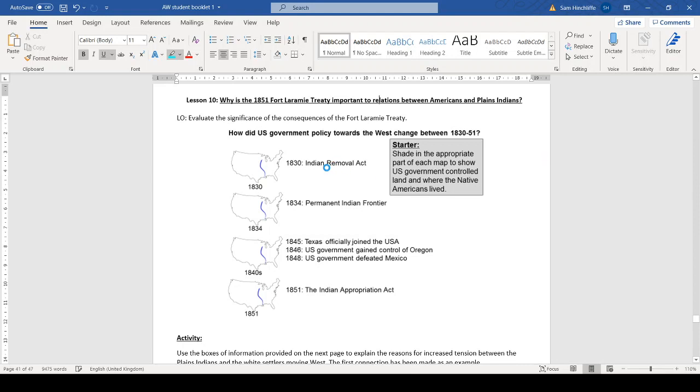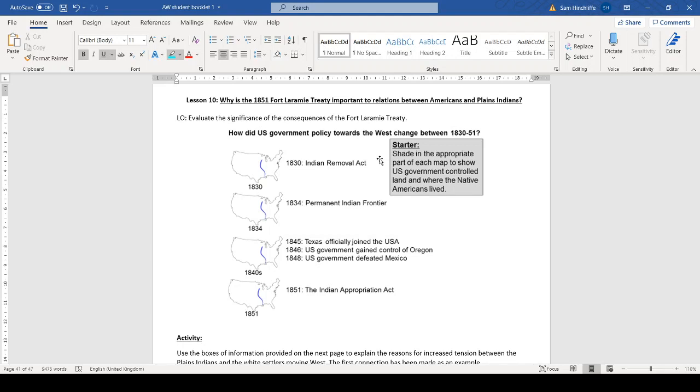Okay, so main things to consider: the significance of the Fort Laramie Treaty. So just as a quick recap, lessons 8 and 9 looked at the Mormon migration, so that settlement of the West, and lesson 9 looked at law and order. This is going back to that theme of the Native Americans and the white Americans.